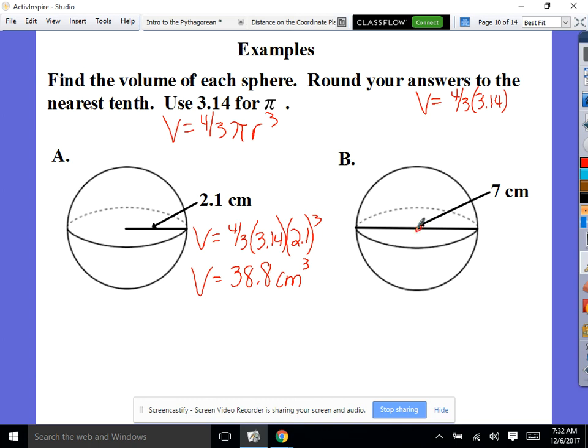And since this is 7, half of 7 would be 3.5 is our radius, so times 3.5 cubed. 4/3 times 3.14 times 3.5 raised to the third power is 179.5 centimeters cubed.